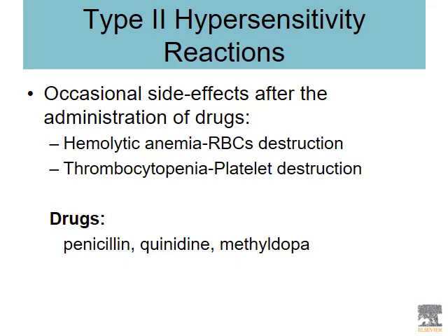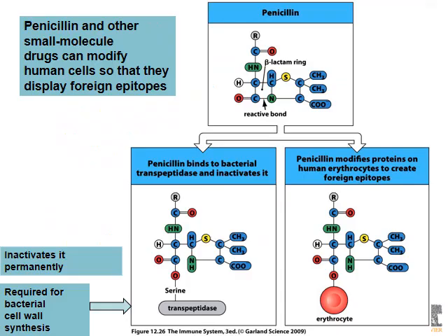The most common drugs to give you that picture are penicillin, quinidine, and methyldopa. There are many more, but these are the commonest drugs that we normally see that present as type 2 hypersensitivity. So let's understand the concept behind it.